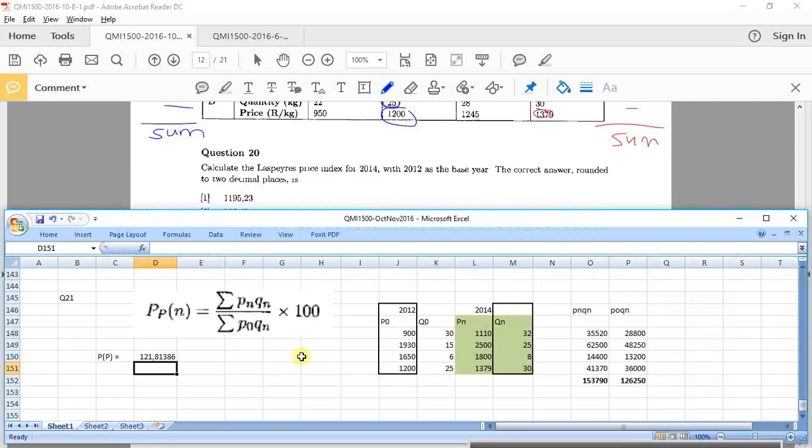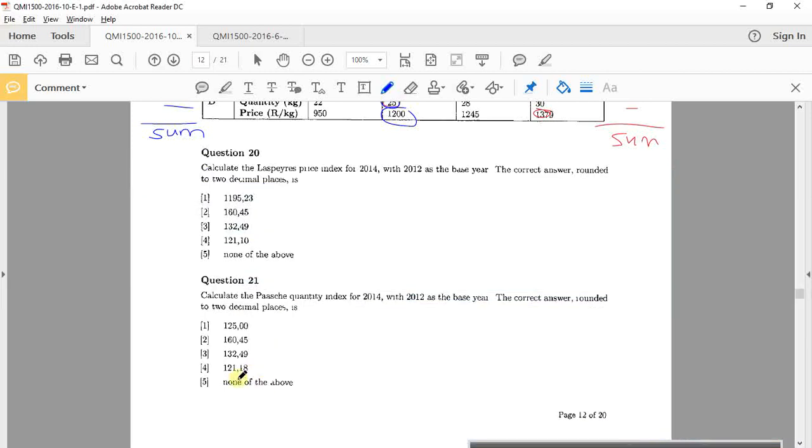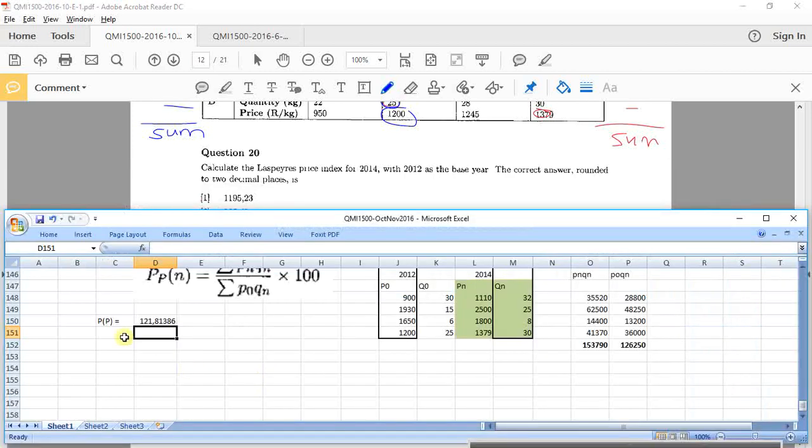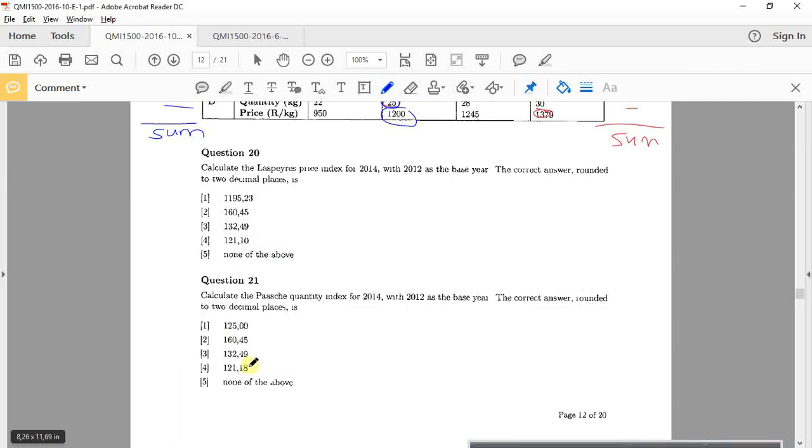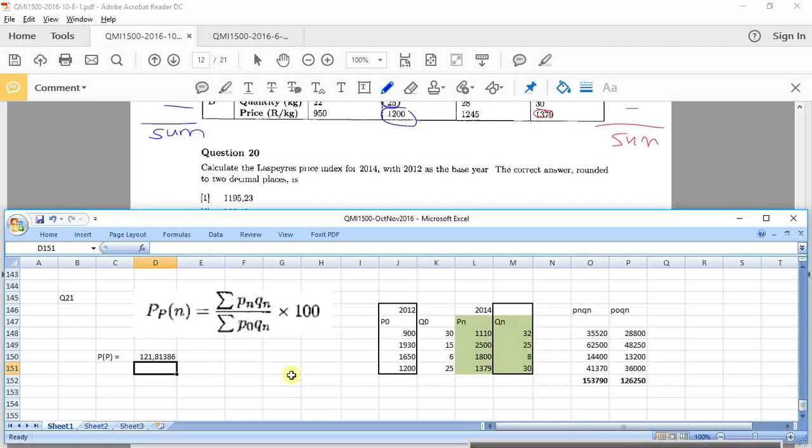Correct, round off to 2 decimal places. 2 decimal places will be 81, yeah. So there might have been errata. I think they might have written this as 21,18. It should have been 21,81. Yeah, but okay. Then it is none of the above. Based on these options, 21,81 is not an option. None of the above.